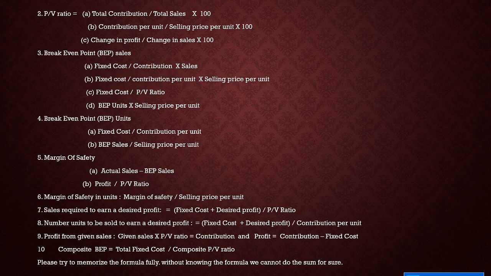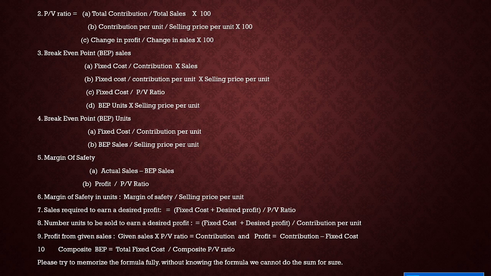The other formulas are the PV ratio. Now we'll go to the PV ratio. It is a continuation of the list of formulas. To find the PV ratio, there are three ways we can use. Three formulas are there to find the PV ratio. One, the total contribution by total sales into 100 will give you PV ratio.